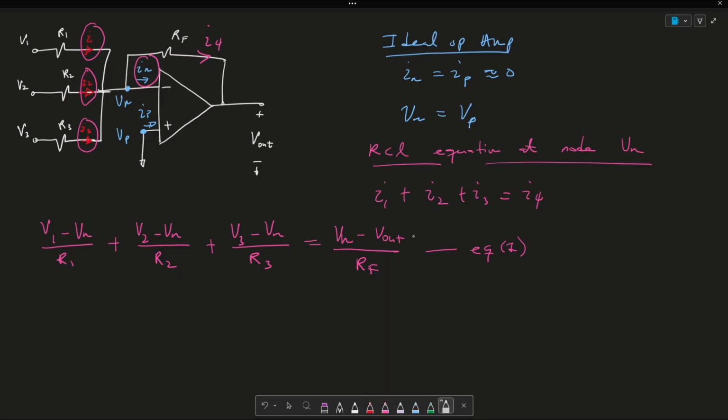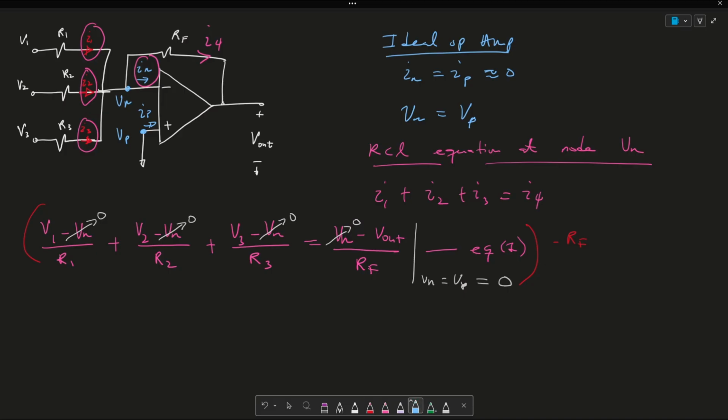What I can then say is that Vn is equal to Vp, and Vp is equal to 0. So then this goes to 0, this is 0, this is 0, and this here is 0. Now I'm going to multiply the entire thing by minus Rf.